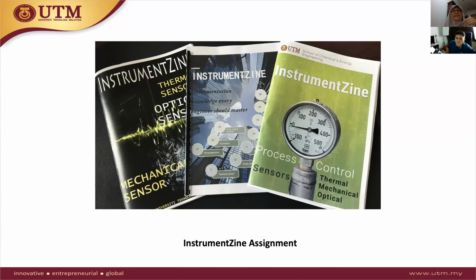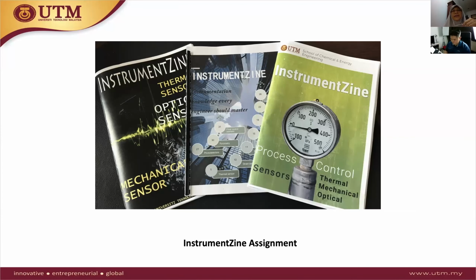So I asked them to produce an instrument zine. Based on the instrument zine, just take any plant piping and instrumentation diagram, and talk about how the different types of instrumentation are being applied in a plant.